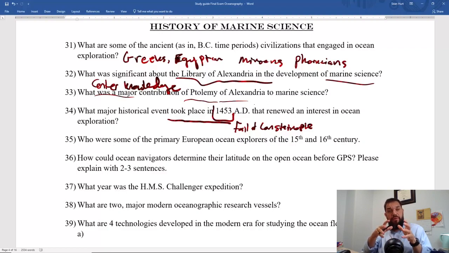It was an important waypoint for people trying to gain access to the Middle East and to the Far East for trade. When Constantinople fell, it cut off land-based means of getting through to the Middle East and the Far East. So it made transportation and trade much more difficult for Western Europe.